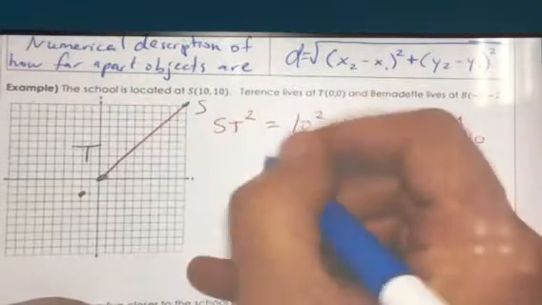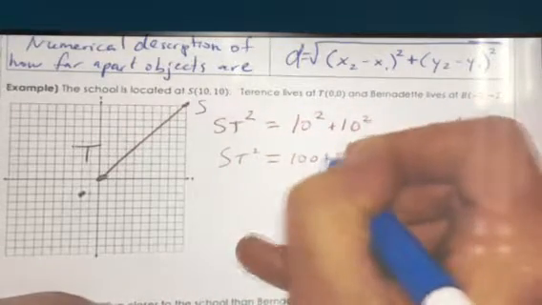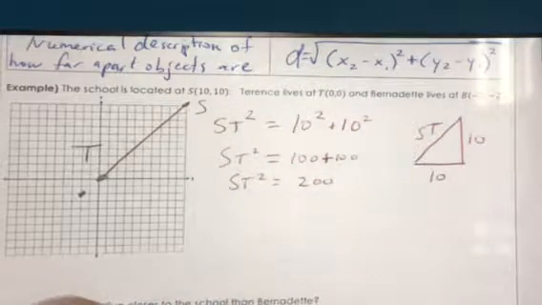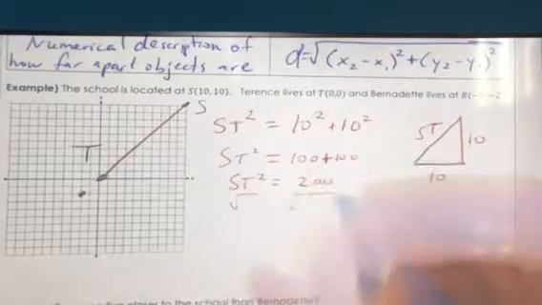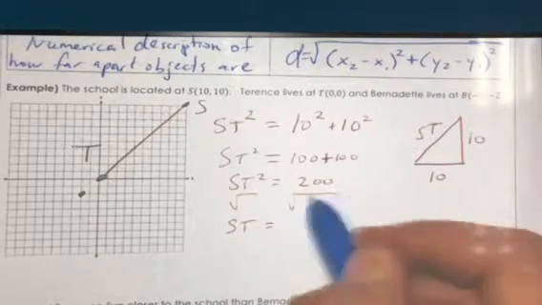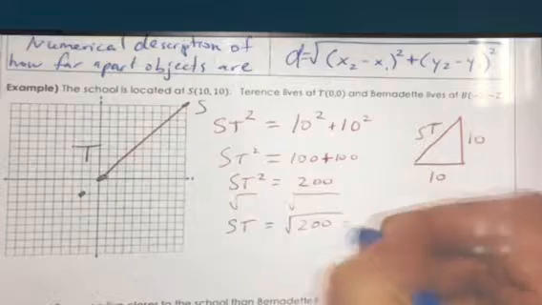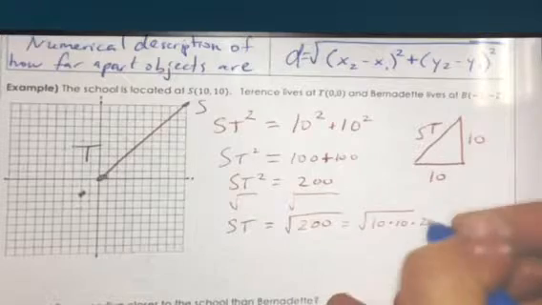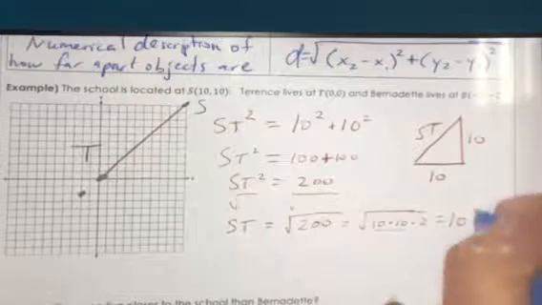So ST squared equals 100 plus 100. ST squared equals 200. Now remember, how do we find what ST is? We need to take the square root of both sides. So ST equals the square root of 200. Under the radical here we have 100 times 2, 10 times 10 times 2. Duplicates with 10, so 10 comes out. This is 10 times the square root of 2 units.